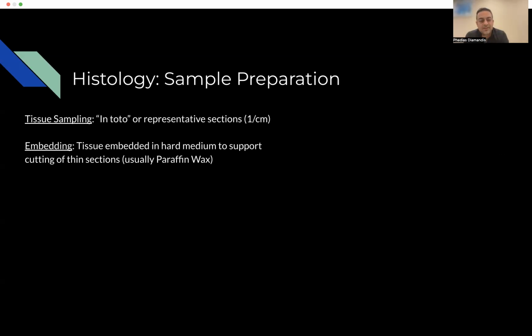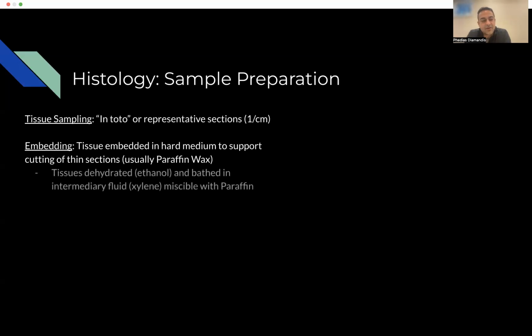So once you sample it, then you need to embed it in some hard medium to allow it to be cut. Usually, that's paraffin wax for light microscopy. The unfortunate part, though, is that, as we said, most of the fixative is water, and paraffin is wax, right? So it's hydrophobic.